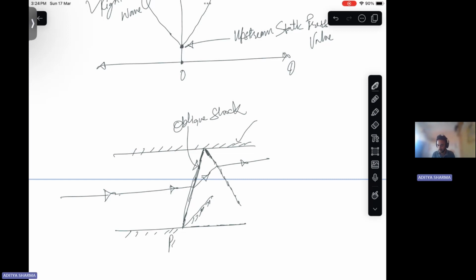If this is the primary wall, this is the secondary wall. So there is this reflection of the shock.